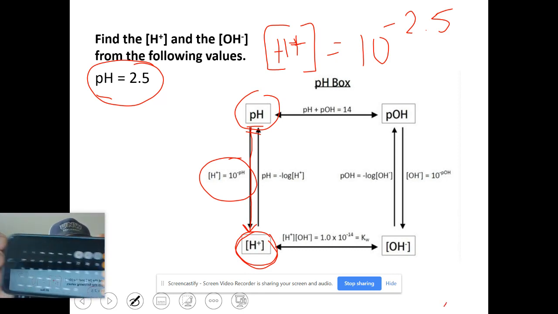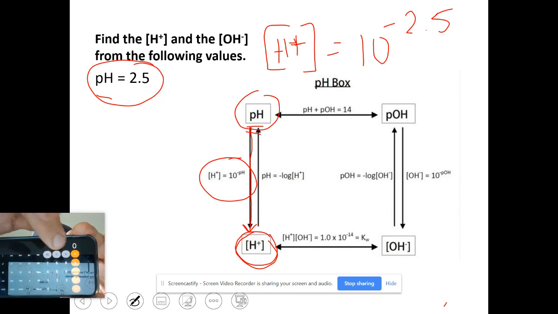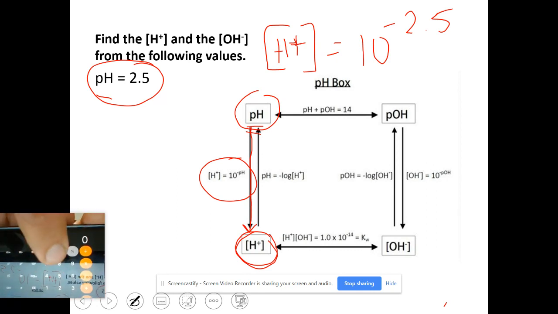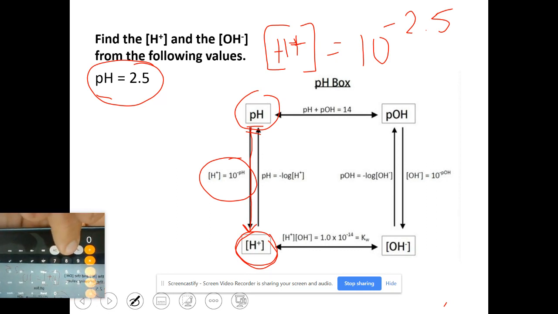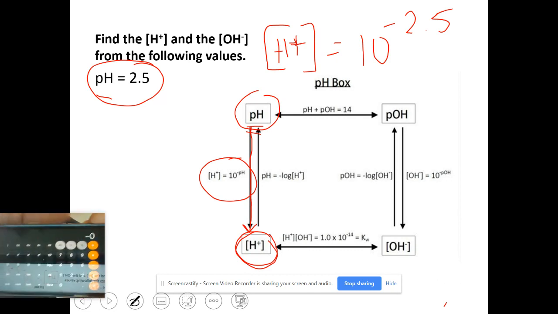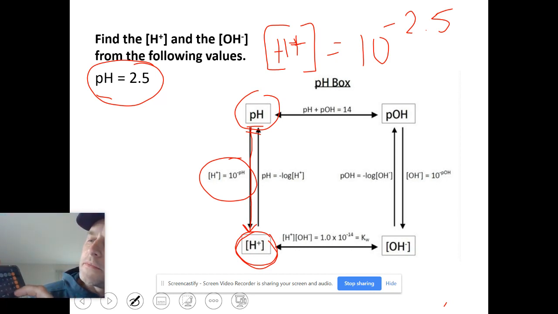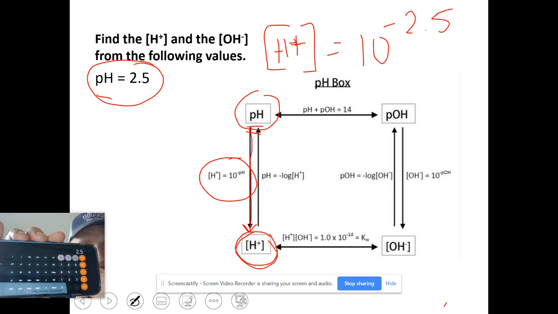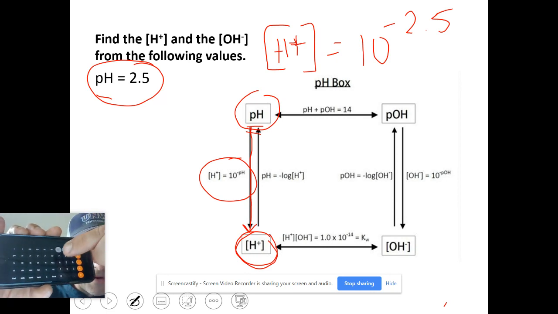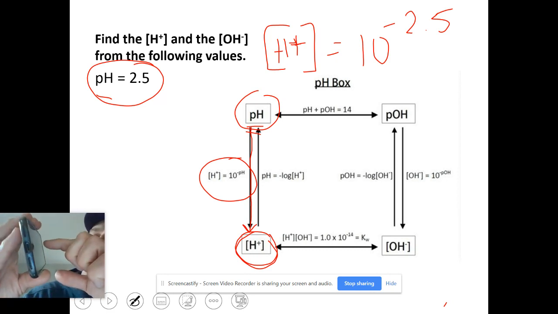I'm going to find the negative button, which is right here. Negative, and then 2.5. Then I'm going to find my 10x button right there and hit that.